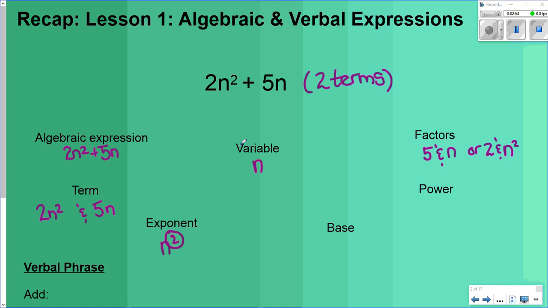The base, in this case, would be n. That is the number or variable that's going to be multiplied, how many times the exponent tells you to do it. And the power is basically the variable or the number raised by whatever exponent it is. In this case, n squared. So this whole thing, the base and exponent together, gives you the power.